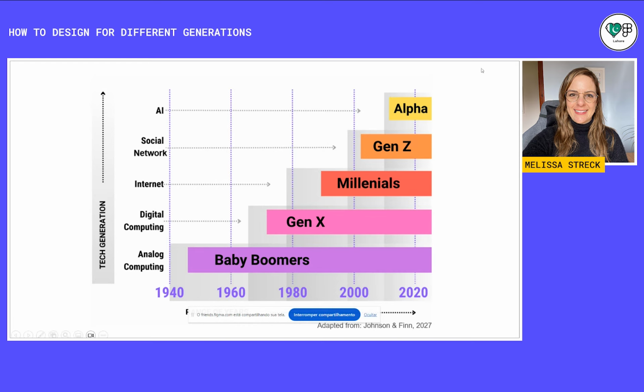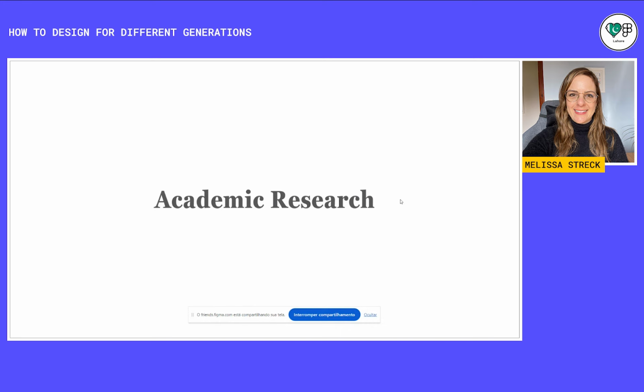This graph shows the tech generations through the years, and below you can see when each generation was born in terms of technology change, right?